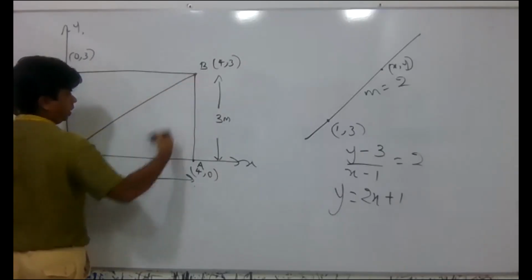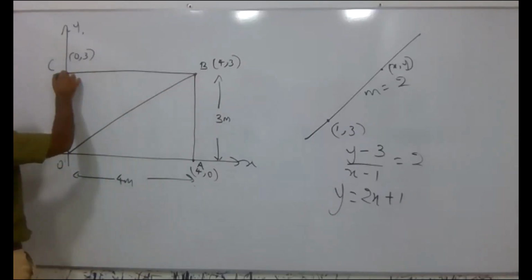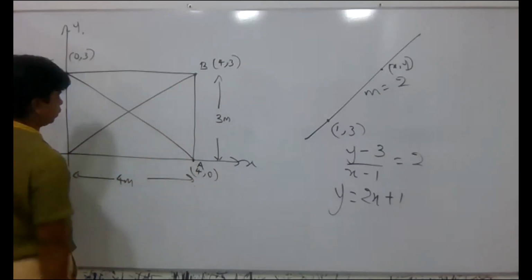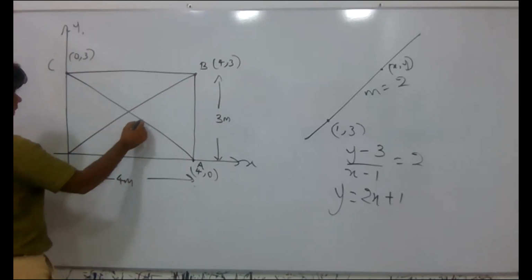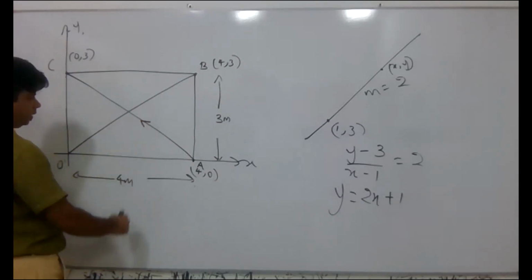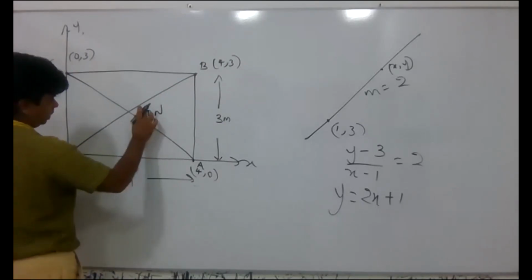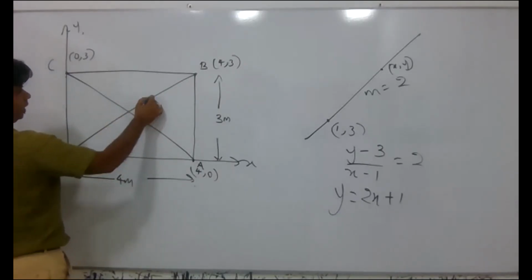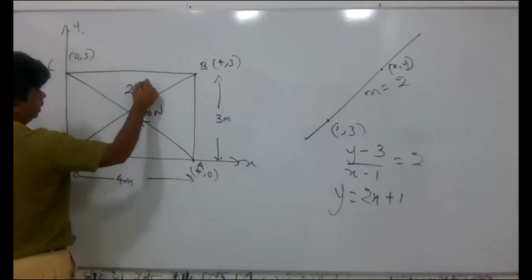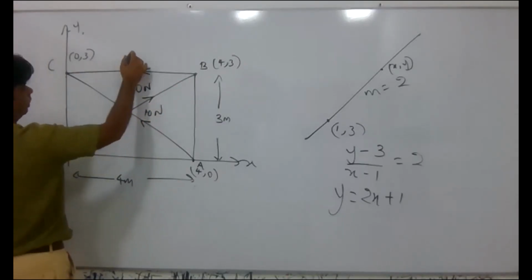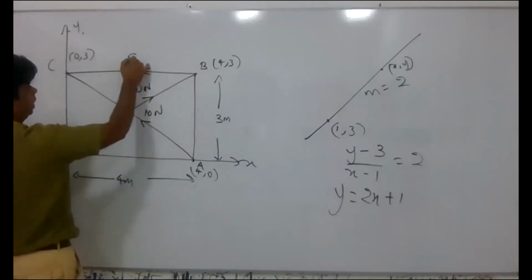Now, if you join these lines, suppose that we have a system of coplanar forces like this. This way, 10 newtons. And this way, 20 newtons. And here, 8 newtons.